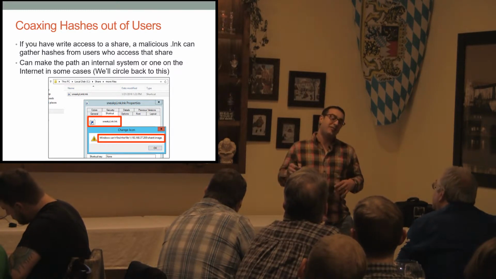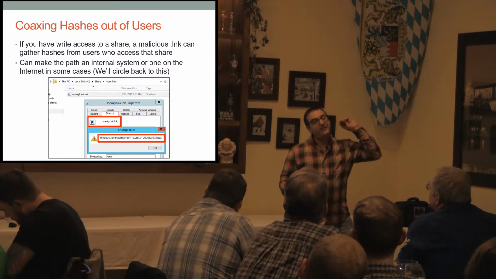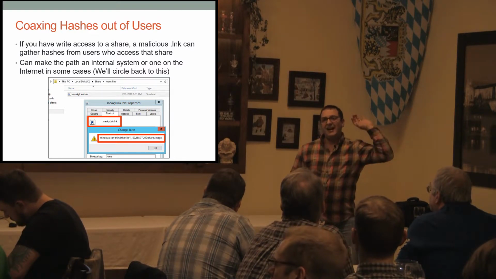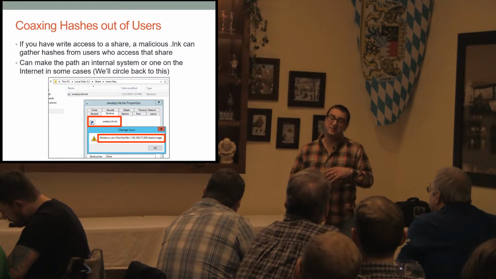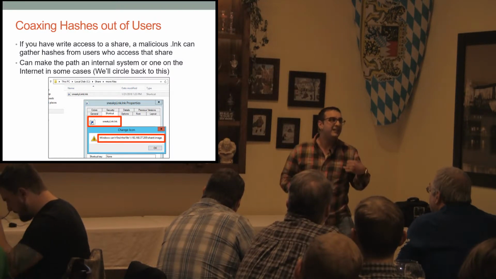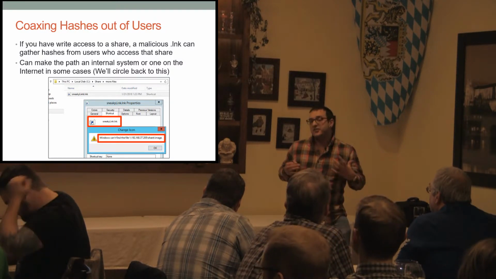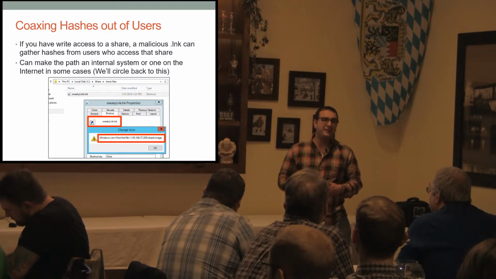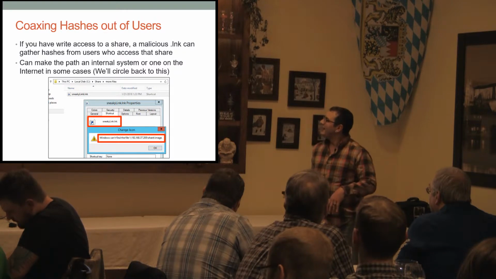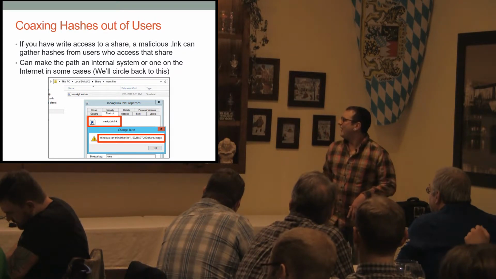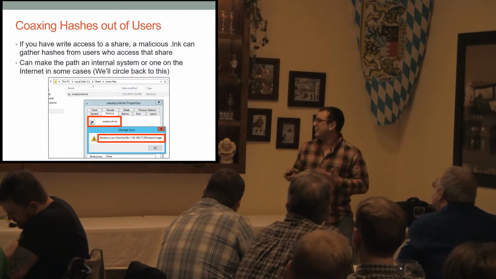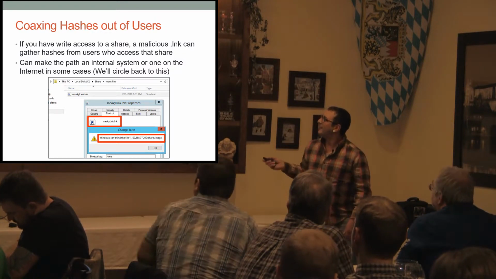So suddenly everybody who goes to that file share is sending their domain credential, this hash anyway, to the internet. And if you're able to crack that, you can potentially use it to get into their VPN or their SharePoint or their OWA or something like that, if they're not using two-factor or something else to mitigate that risk. And we'll circle back to this. I didn't do a demo of this. I sort of did a roundabout demo of it that we'll touch on a little bit later.